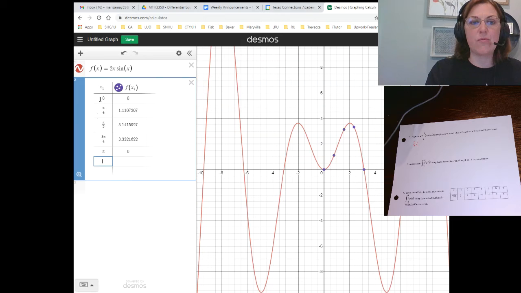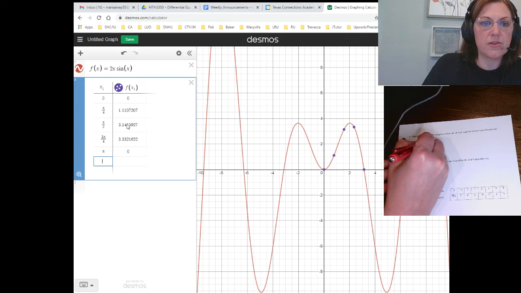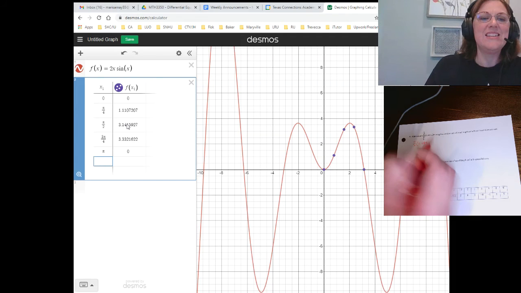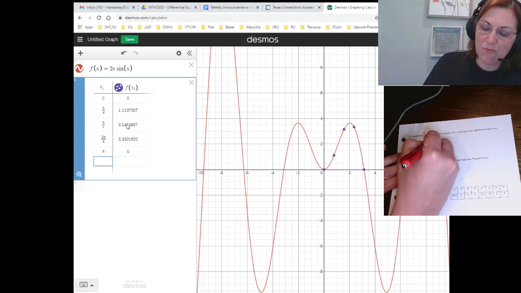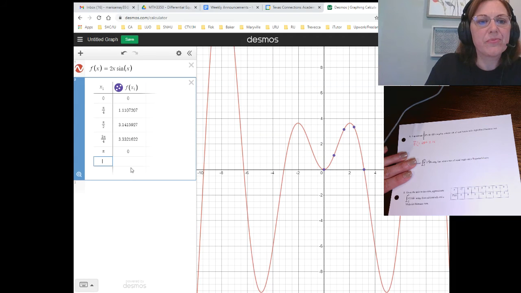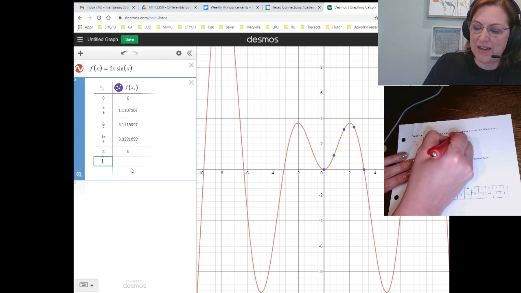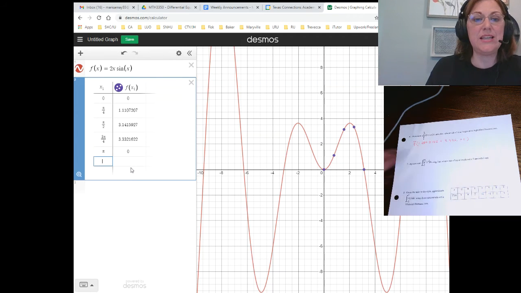And so from 0 to pi over 4, the right endpoint would be this height. And that is 1.10, sorry, 1.111. And then my next one would be 3.142. And the next one would be 3.332. And the last one, of course, would be 0.